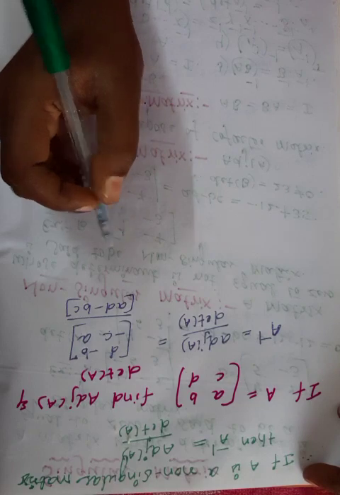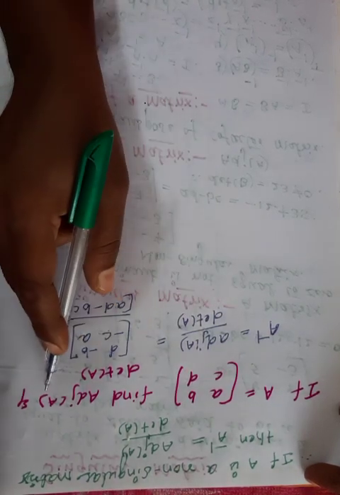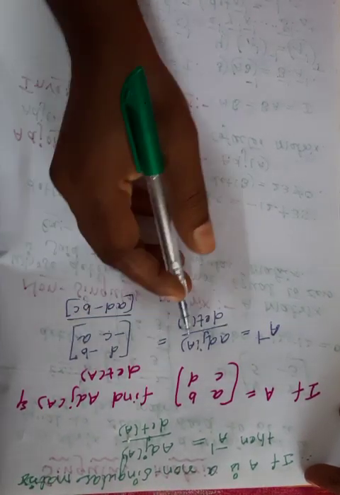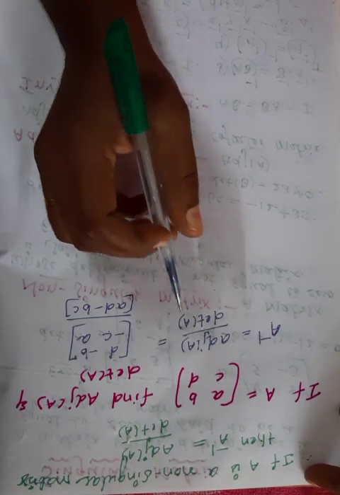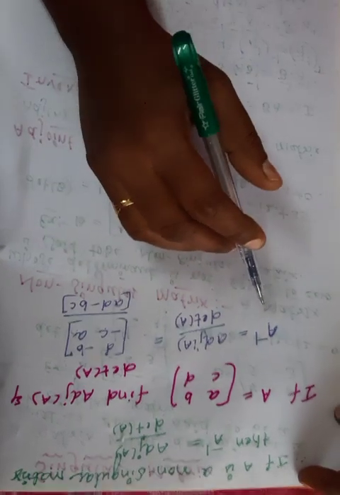So this is the formula to find adjoint of A and determinant of A, and we divide adjoint of A by determinant of A to get the value of A inverse.